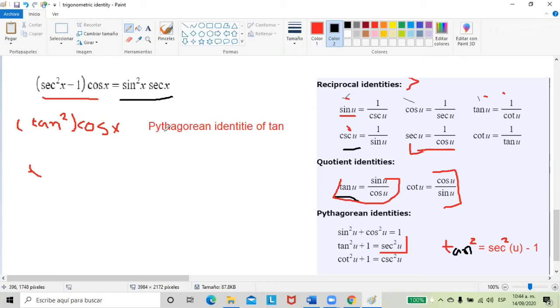What's your question? Ah, I understand: you solved the secant and put tangent, and now we are left with tangent. Yes. Now, cosine is equal to what? 1 over secant. Okay, 1 over secant. So let's write 1 over secant.